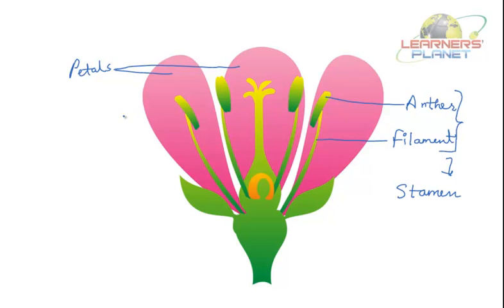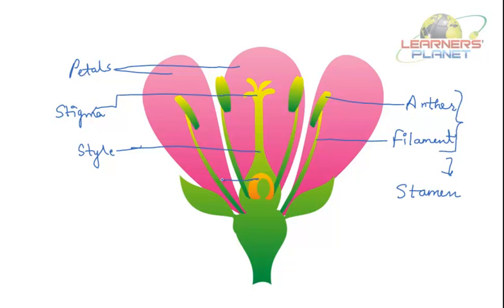Now let us see what the female organs of a flower are. Here you can see the tip portion. This tip portion is termed stigma. This tube-like structure to which the stigma is attached is called style.